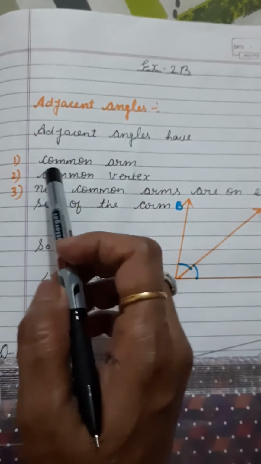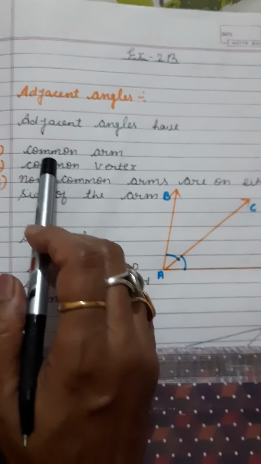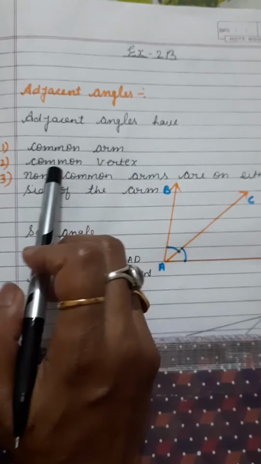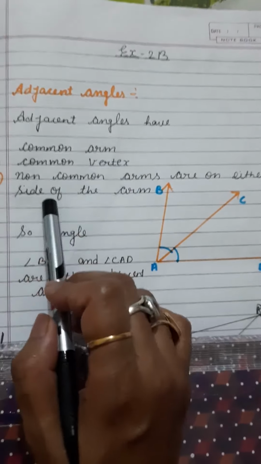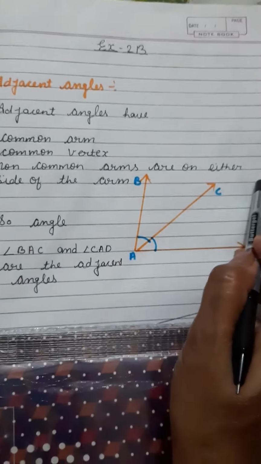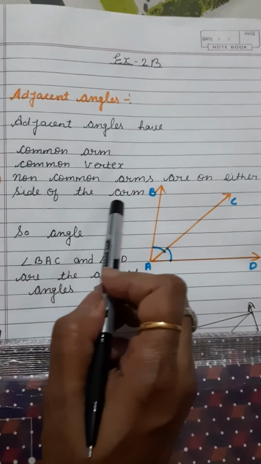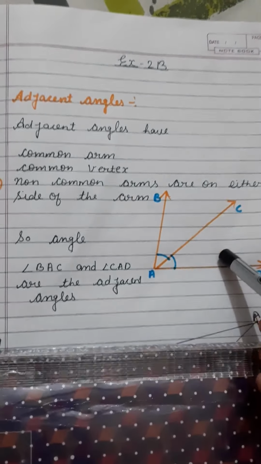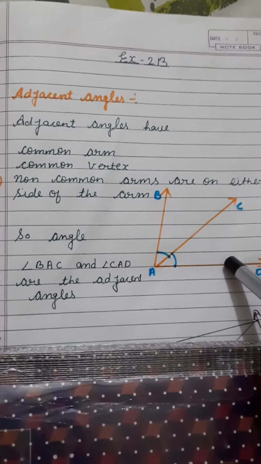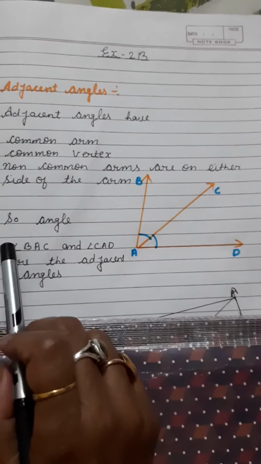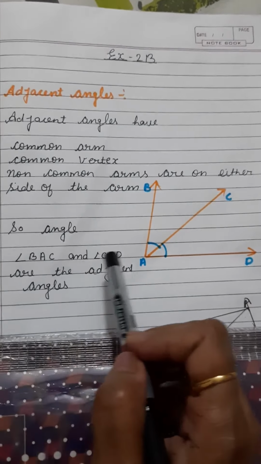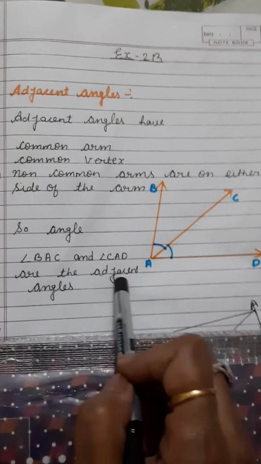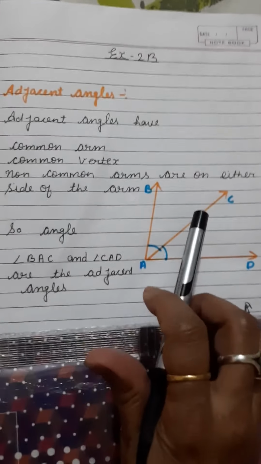Adjacent angles have three conditions. One is common arm, common vertex. Non-common arms are on either side of the common arm, meaning on opposite sides of the arm. So you can say that angle BAC and angle CAD are the adjacent angles.